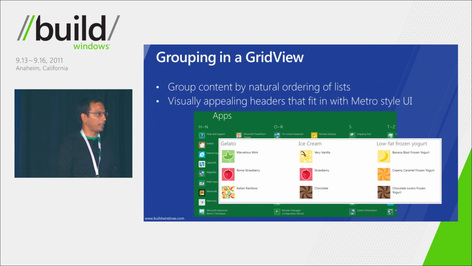I have menu items that are grouped by different categories like ice cream, gelato, and frozen yogurt. So consider using grouping with grid view when you have data that makes sense to be logically grouped. It actually provides a nicer and easier user experience for your end users.